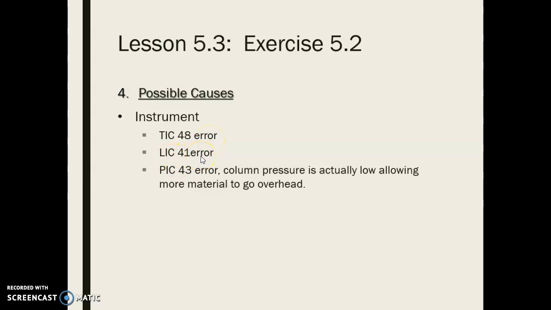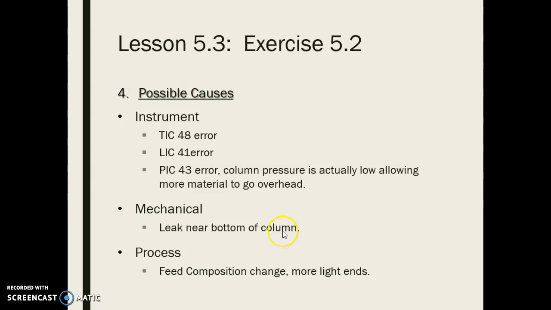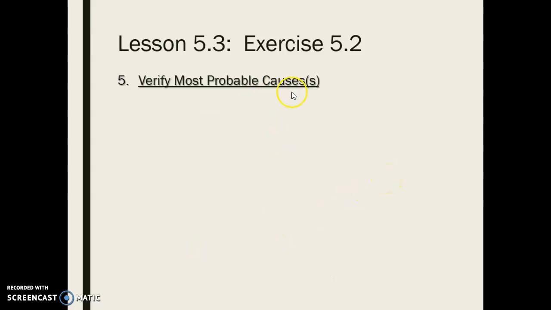LIC41 also could be a problem where the level is reading incorrectly, which would also affect the temperature as well. Then PIC43, which is the pressure of the actual column, could be low, allowing more material to go overhead. We could have a leak near the bottom of the column, or we could have a feed composition change, and that could probably really explain most of everything. So let's go through and see what the most probable causes are.